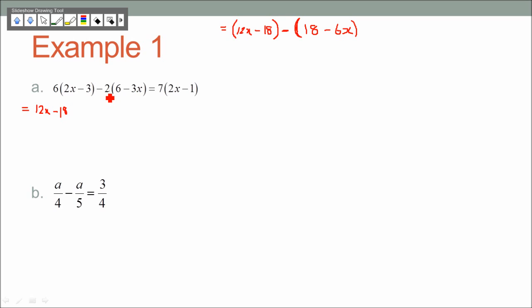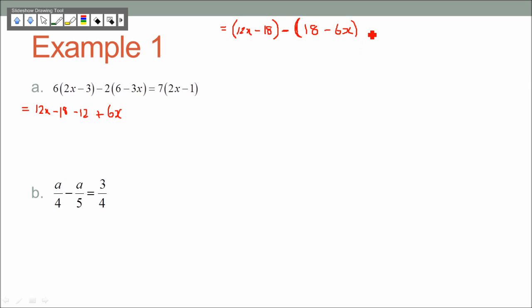So minus 2 times 6 is minus 12, and minus 2 times minus 3x is plus 6x. Now we've got some different signs in front of our terms than what we have over here, but it will sort itself out. So depending on which way you like to expand will determine how you approach this question.